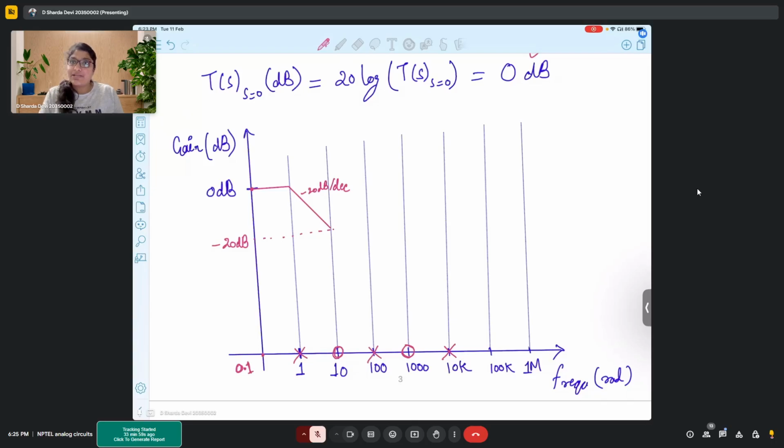So minus 20 dB per decade plus 20 dB per decade. So the slope becomes 0 dBs per decade. So now from 10 to 100, your slope will become 0 dB per decade. Is this clear to everyone? Why the slope becomes 0 dB per decade at this point? Is this clear to everyone?